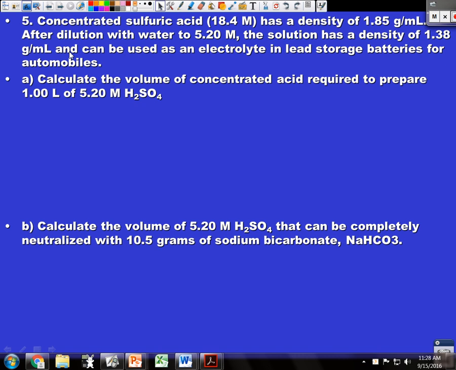So my question here is, why did the density go down when we diluted it? Let me ask you this. Did we add any more particles of the solute? No. Sulfuric acid. We didn't add any more hydrogen ions or sulfate ions. True? All we added was water.